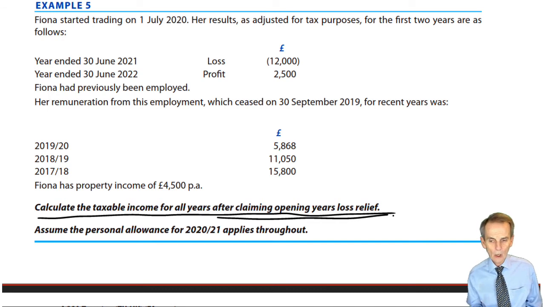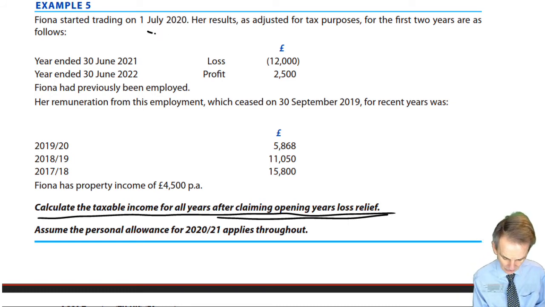When we first got introduced to loss relief problems, we saw there were 2 main workings: the working for the tax years in which the loss relief would be used, and a loss memorandum working to show how we had used that loss. What you've got here is rather more columns for that first analysis, because with a carry back claim using opening year's loss relief, you can go back 3 tax years.